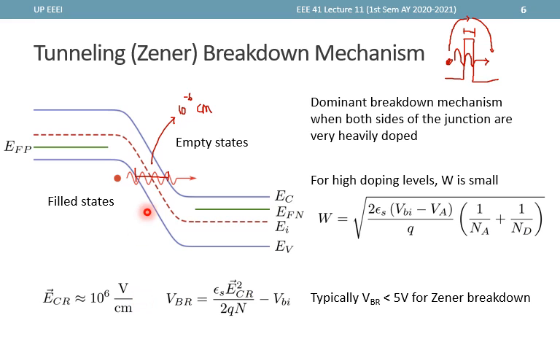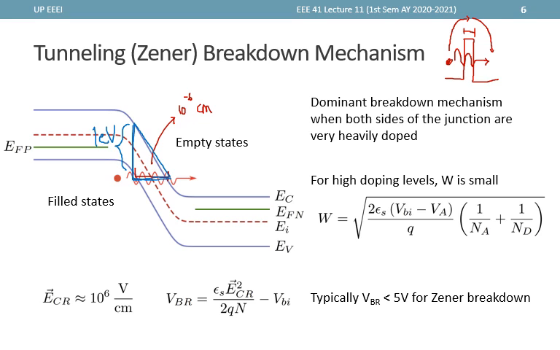Now, since we are actually dealing with this thickness here, what does the slope or the electric field have to do with that? We can approximate this as a triangle, where the base is around 10 to the minus 6 centimeters, and this is around, say, 1 electron volt.